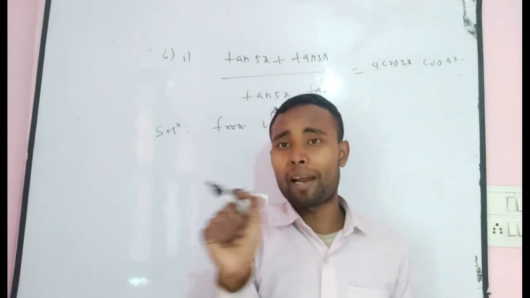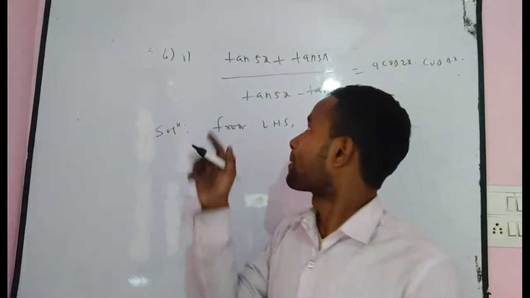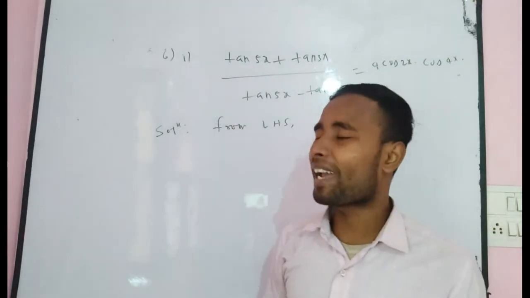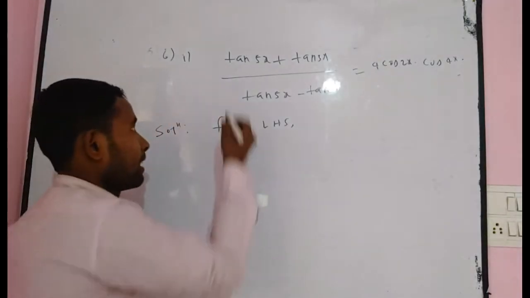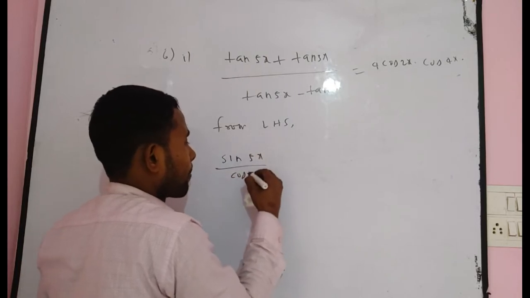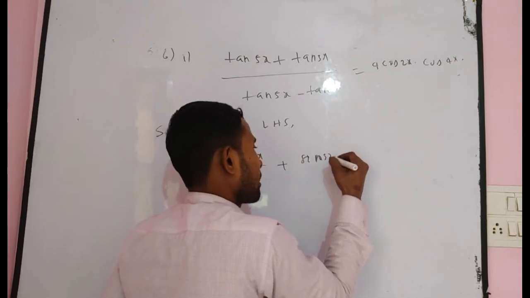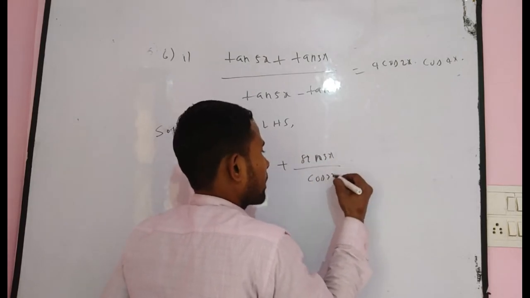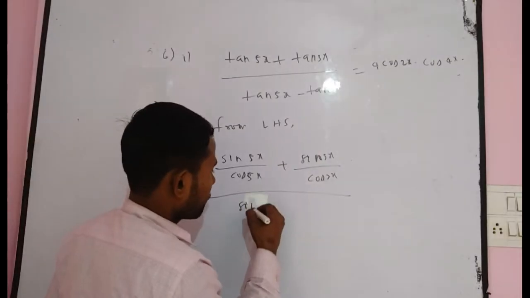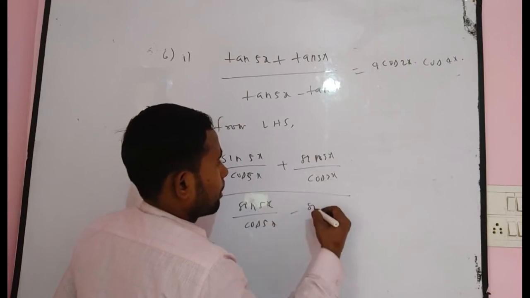So you have to simplify using sin and cos. Write tan 5x as sin 5x by cos 5x, plus tan 3x as sin 3x by cos 3x, divided by sin 5x by cos 5x minus sin 3x by cos 3x.